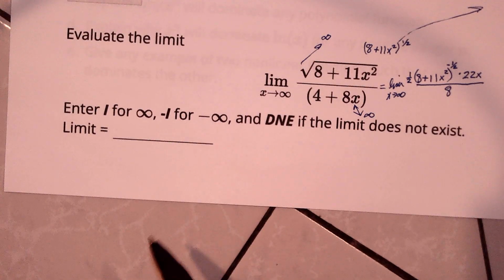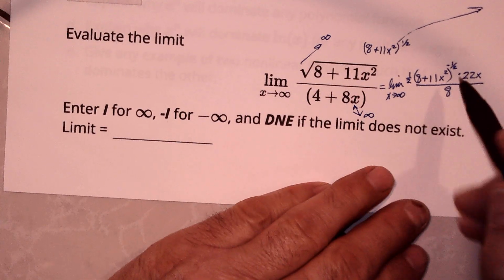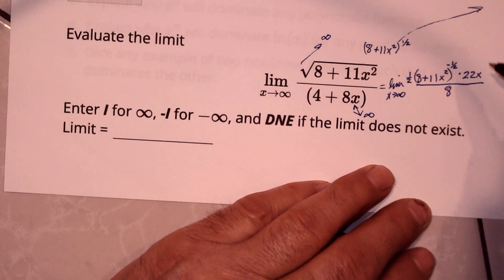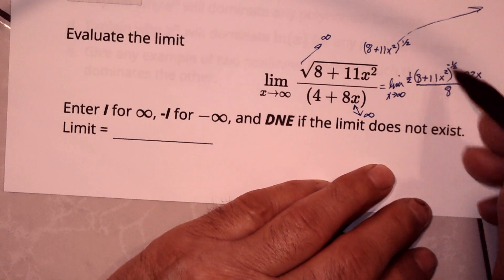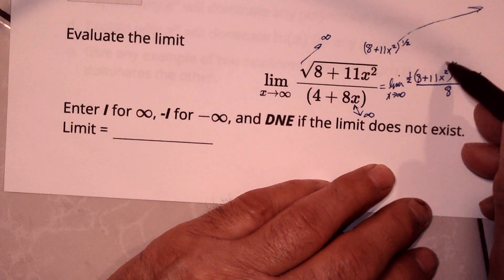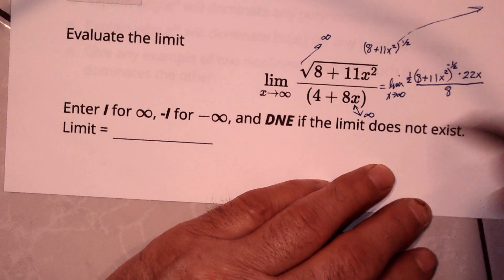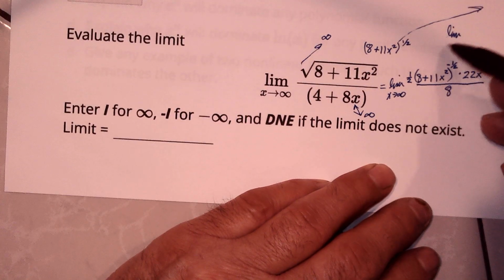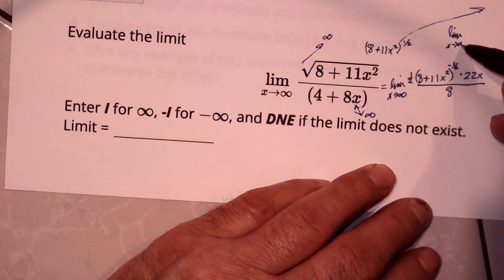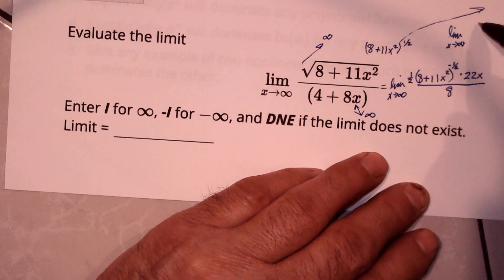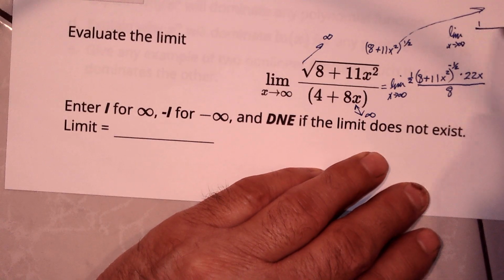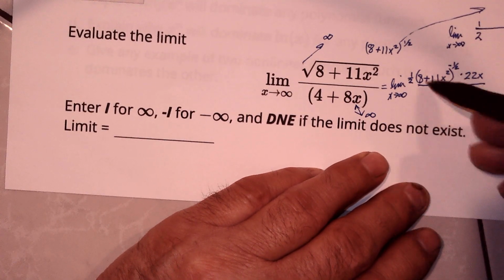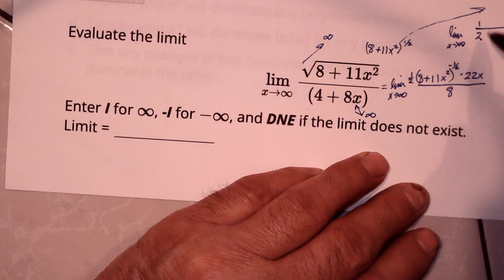So now what happens to this as x gets large? Well, we need to realize that this is the square root, but in the denominator. So we have the limit as x is getting large of 1 over 2. This should go in the denominator. There's an 8 down there already.